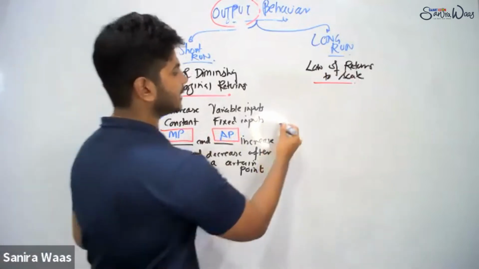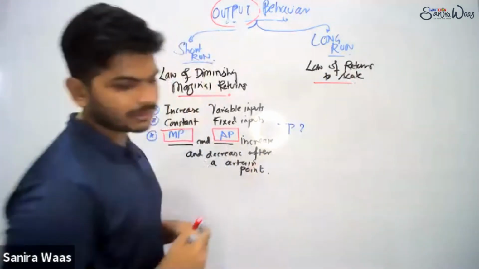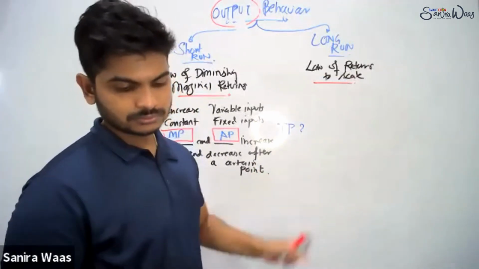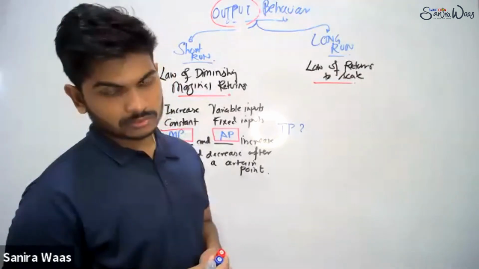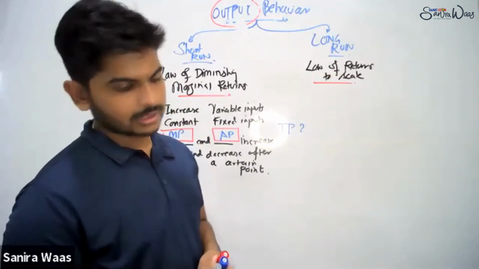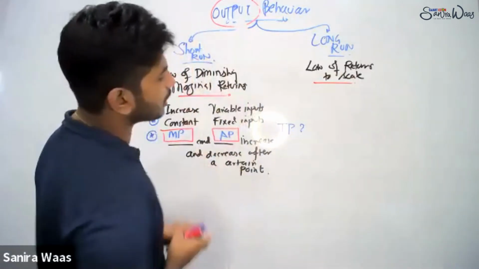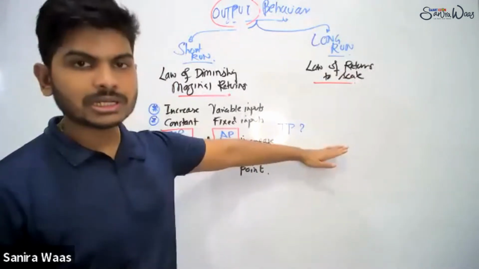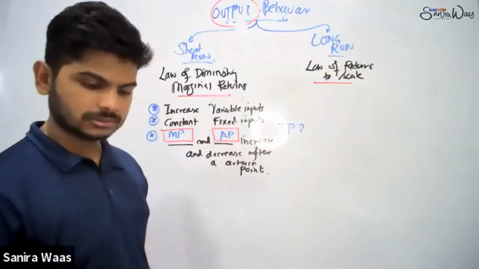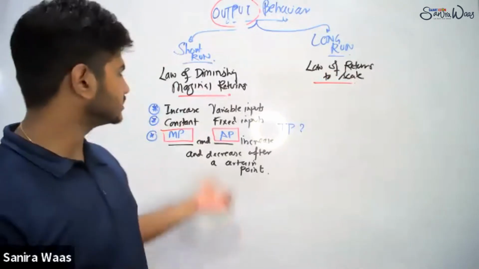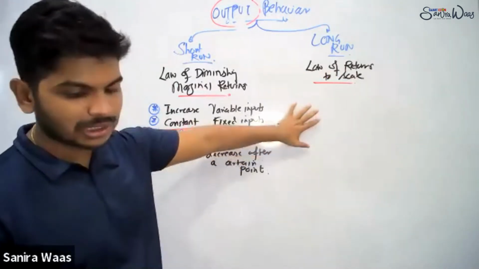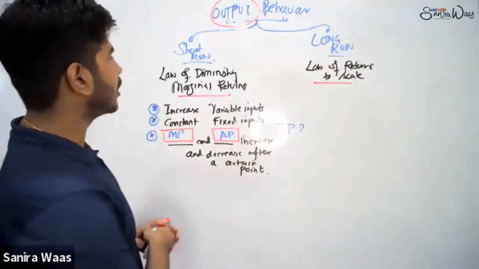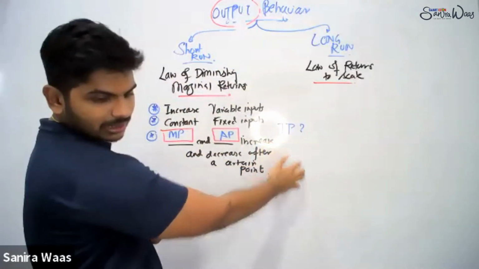Can this be TP? Is this TP? Right? Is law of diminishing marginal returns talk about something called TP? Are we focus on TP in law of diminishing marginal returns? Or else AP and MP and AP, but also TP then? That's the yes or no. TP is there or not? In law of diminishing marginal returns, do we discuss on TP?